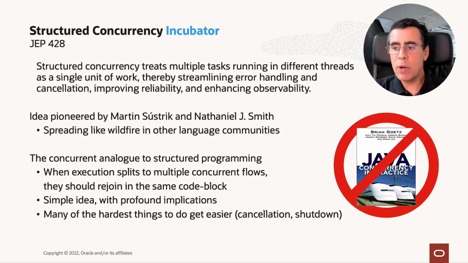Just as structured programming codified best practices into the language for sequential code, structured concurrency does the same for concurrent code. Many of the most complicated parts of Brian Goetz's book, such as those on shutdown and cancellation, just go away.